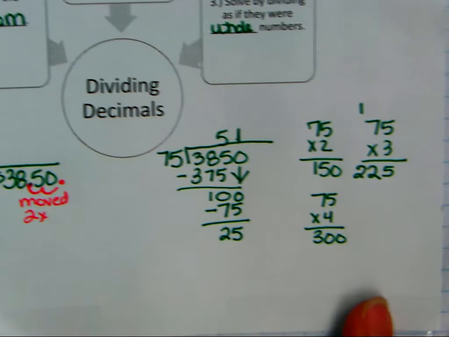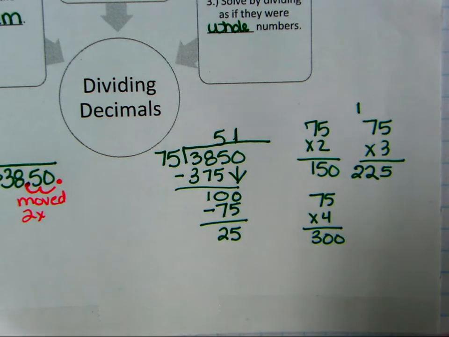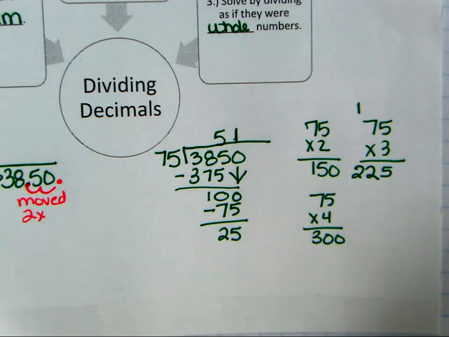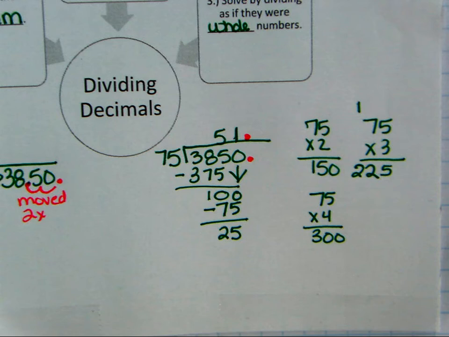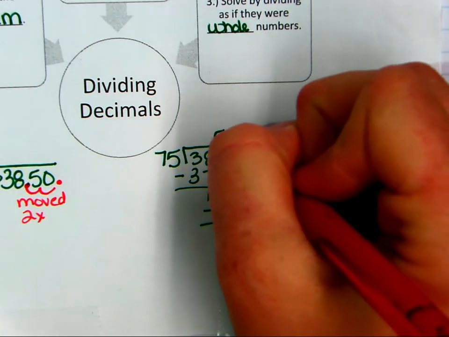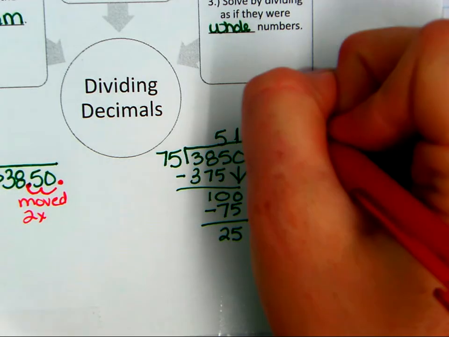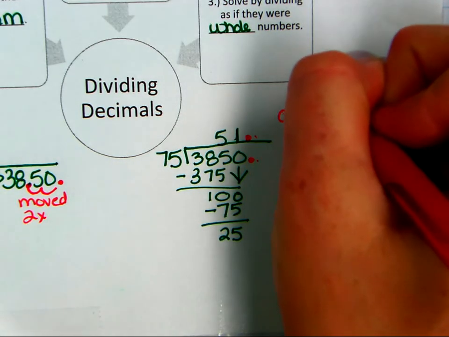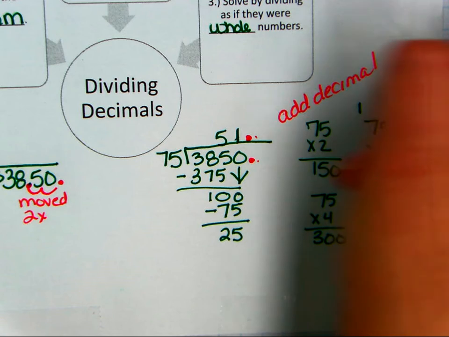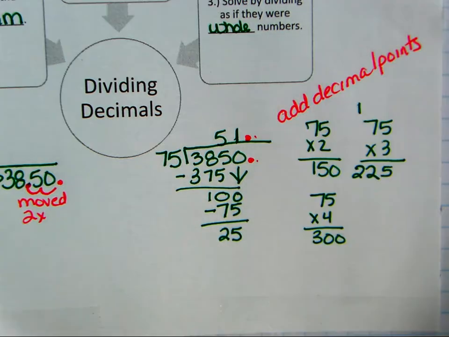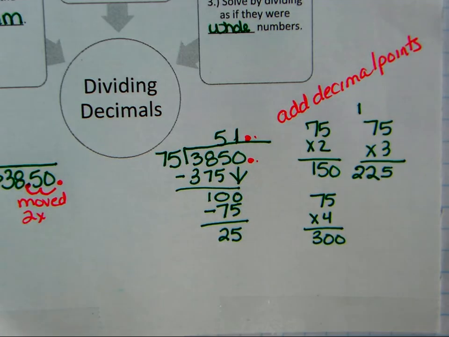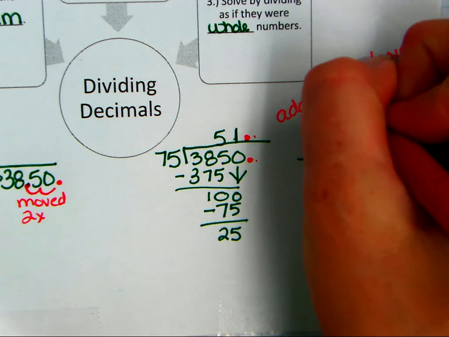So now we're going to go down here, and with my red pen, because I can't go any further, I'm going to add zeros. And to do this, I'm going to add a decimal in my quotient, a decimal in my dividend. So see how I added decimals both here and here? I'm going to add decimal points when I can no longer divide.